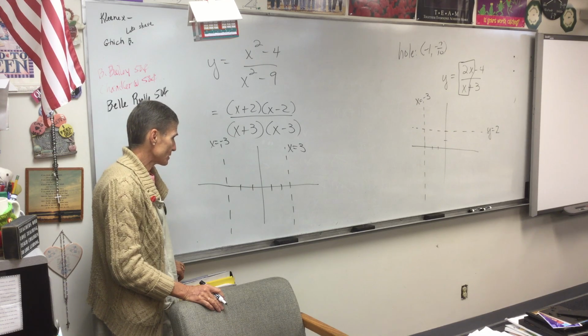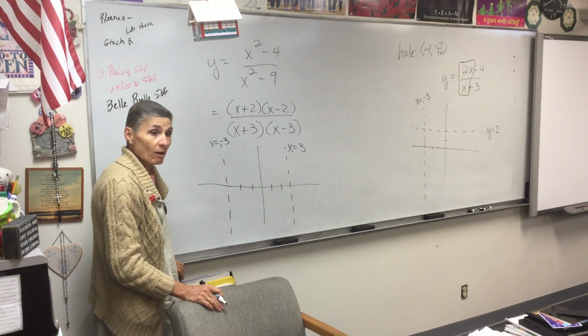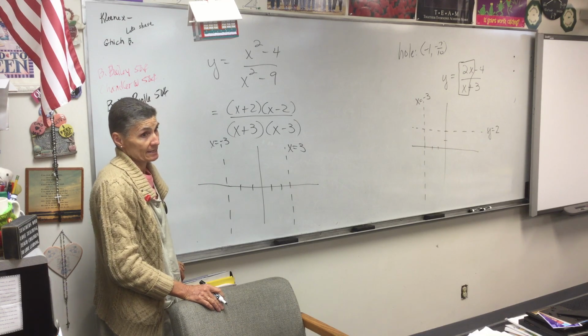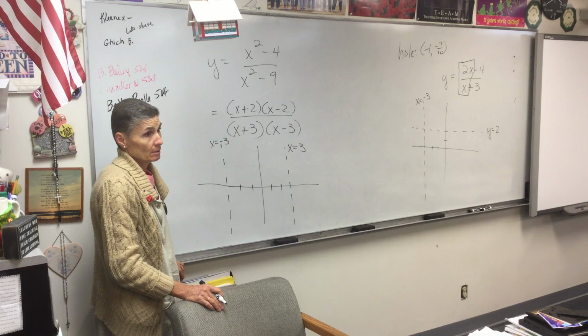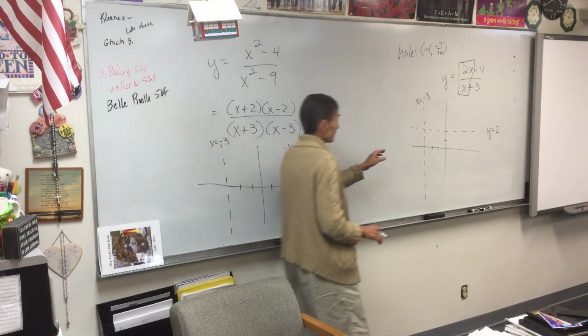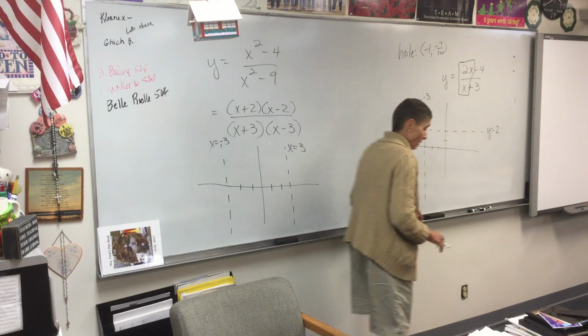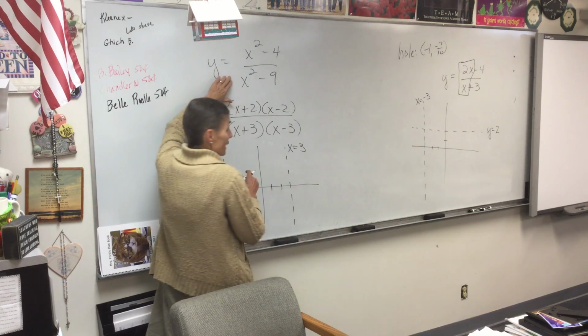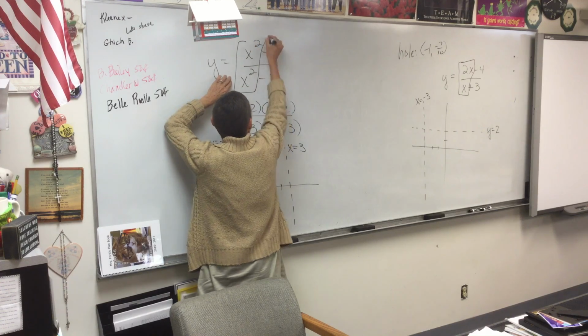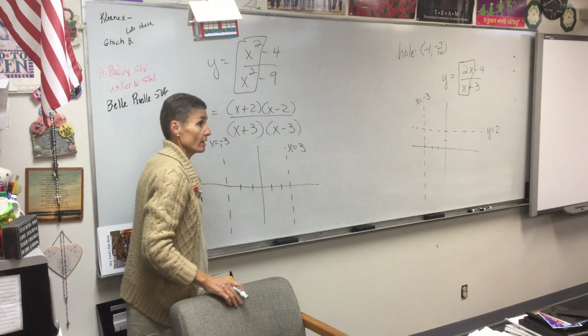Robbie, you got your asymptotes down? Yeah. Okay. Now I need my horizontal asymptote. So come back over here. How did I get this one? I put 2x over x. So now I'm going to look at this problem, and I'm going to put x squared over x squared.